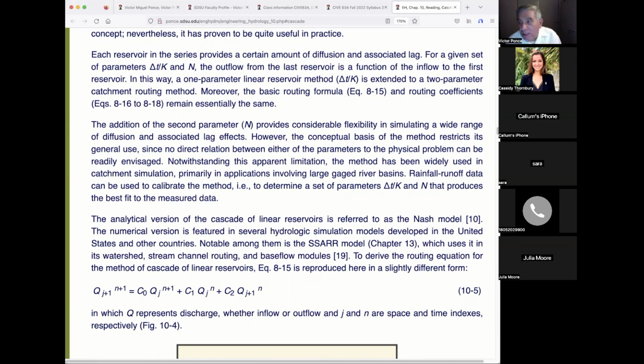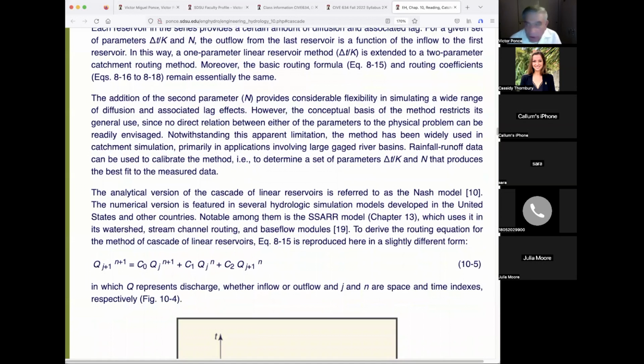Let me also say that in 1964, Ven Te Chow published his famous manual of hydrology, and he already included this method in 1964, which is what he had to do because he was covering everything. As you probably know, when somebody writes a manual, they don't really write the manual.